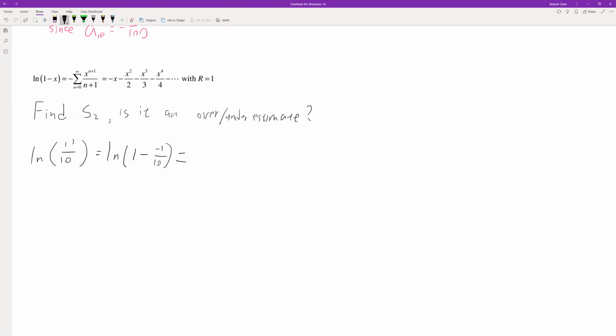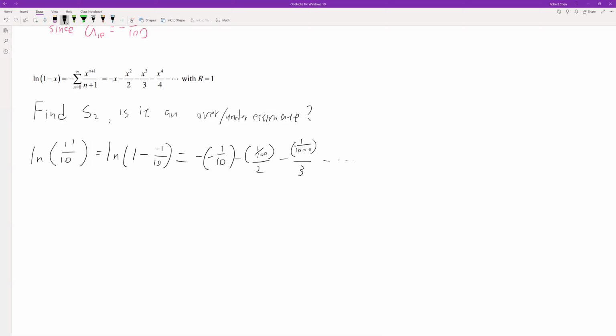And let's write out what we have: negative 1/10 minus negative 1/100 over 2, minus negative 1/1000 over 3, and so on.